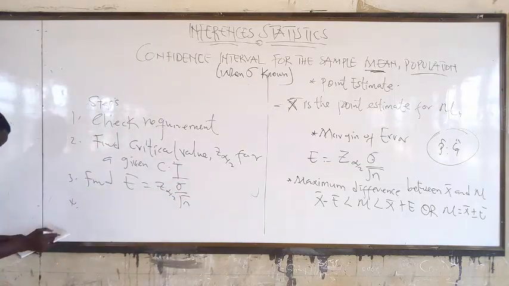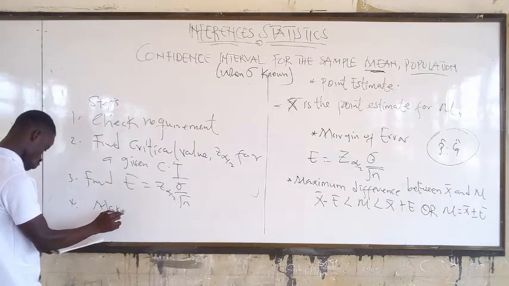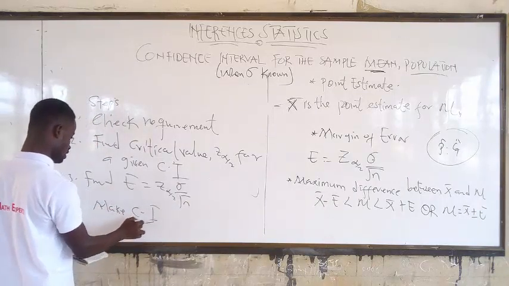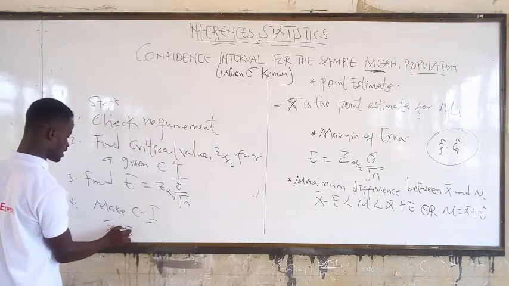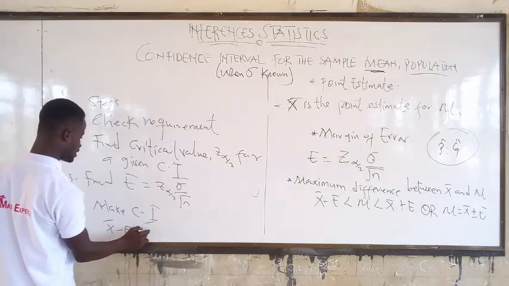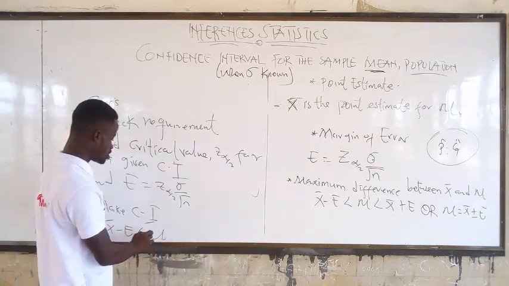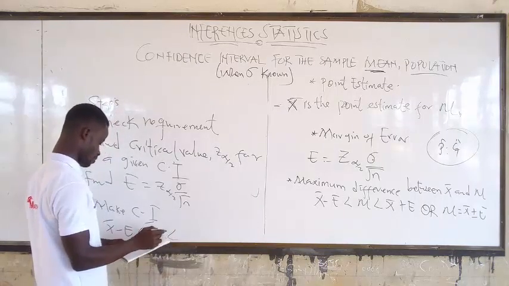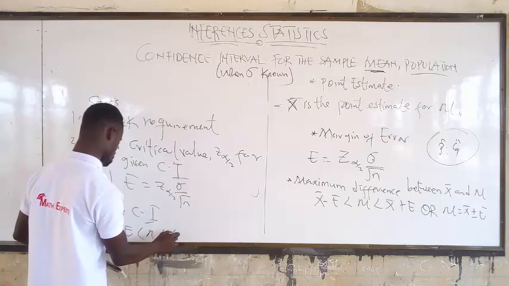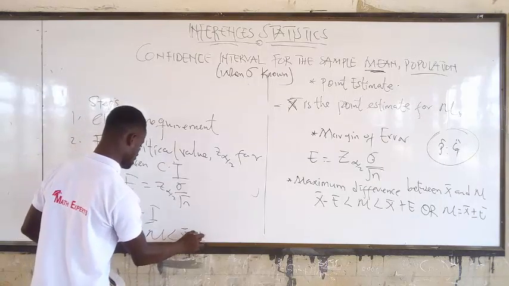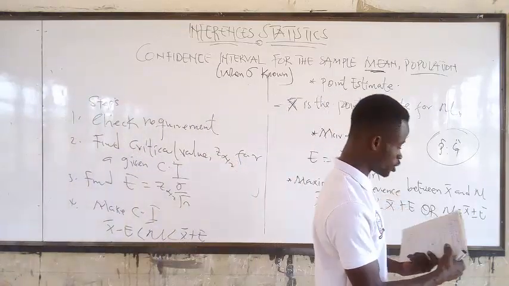Four, then you make your confidence interval. That is when you consider x bar minus the error, less than the mean, less than x bar plus the error. Here it is not going to be proportion, but it's going to be mean. So that's what we are going to have.